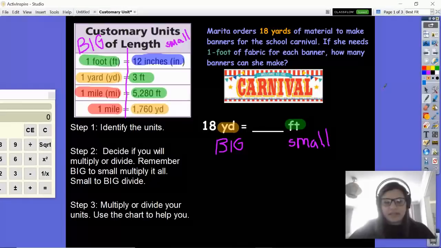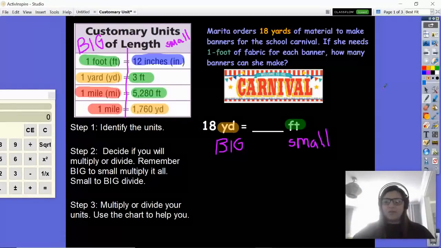There is a saying that I like to use to help me figure out if I'm going to multiply or divide, and I even like to put some hand motions in with it. We start with our hands really big, and we say, big to small, multiply it all.